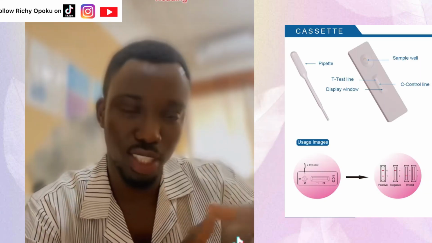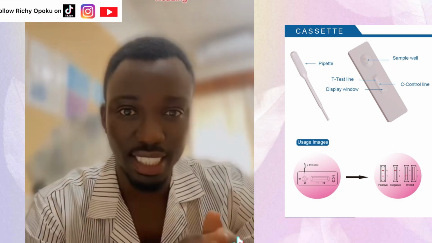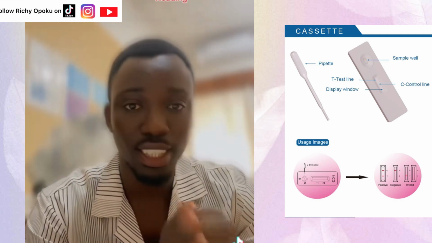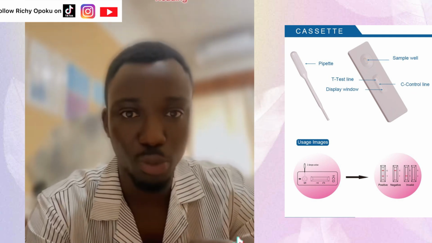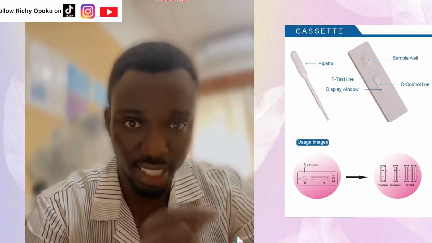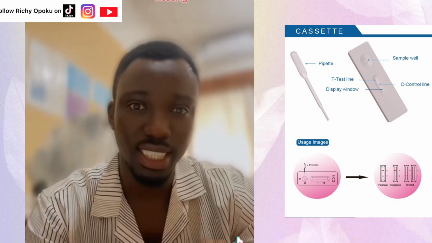So the T that is closer to the well means test. The C that is far from the well at the other end means control. The control is put there to check that the test strip or the cassette that you are using is working and the test is valid. And the T represents the test result.